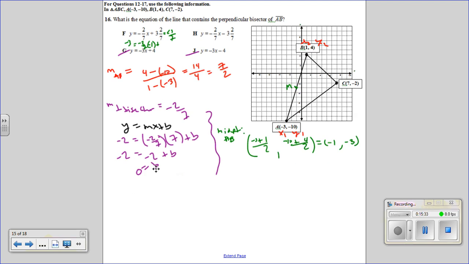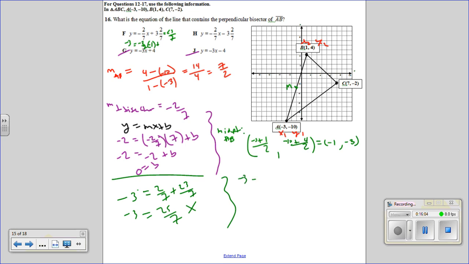So what I'm trying to tell you is, let's see if negative 3 equals negative 2/7 times negative 1, which is positive 2/7, plus 23/7. Negative 3 equals 25/7. That's false.